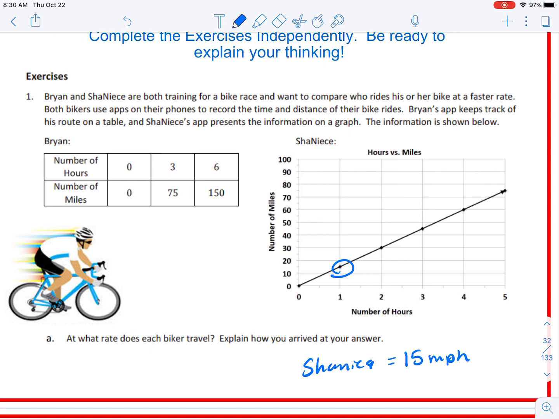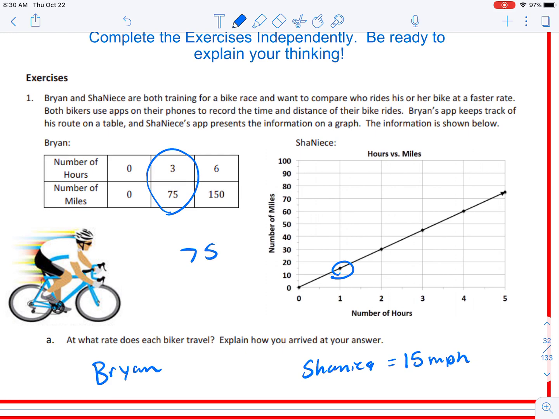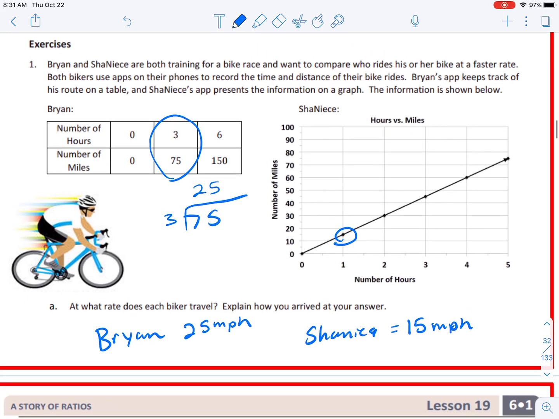Okay, and now we have to figure out how fast Brian is going. Okay, in 3 hours he traveled 75 miles, so we have to divide 75 by 3, and we would get 25. So Brian is going 25 miles per hour. Okay, let's move on.